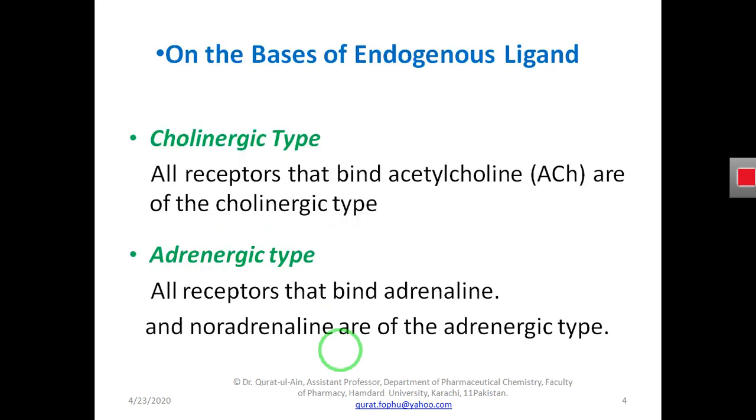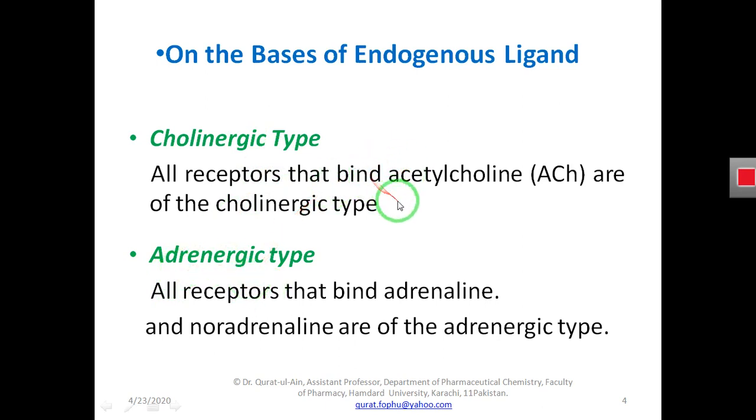The other basis of classification of receptors is the endogenous ligand. On this basis, receptors are classified into two types: one is the cholinergic receptor and the other is the adrenergic receptor.